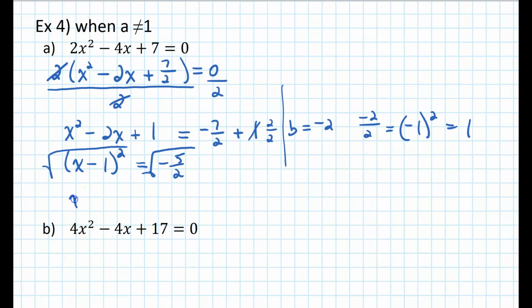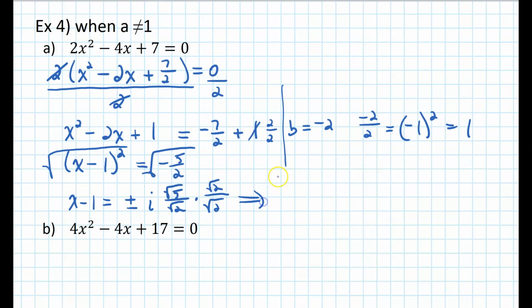So that leaves us x minus 1 is equal to plus or minus. I have a negative inside, so I am going to have an i, and then I'm going to have the square root of 5 over the square root of 2. And we don't like radicals in the denominator. So we multiply.